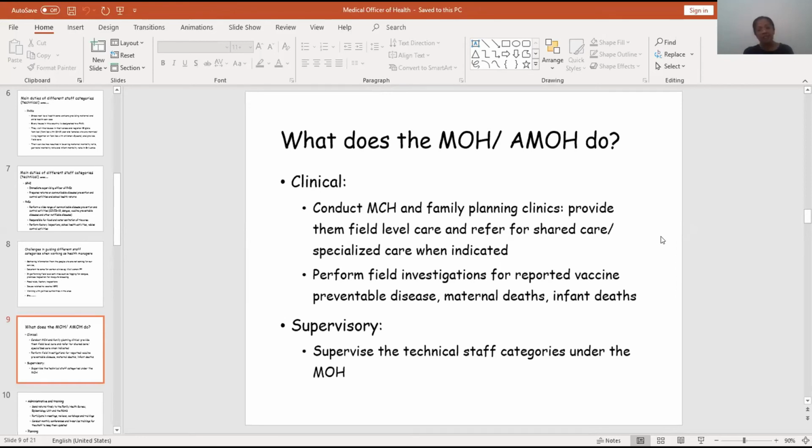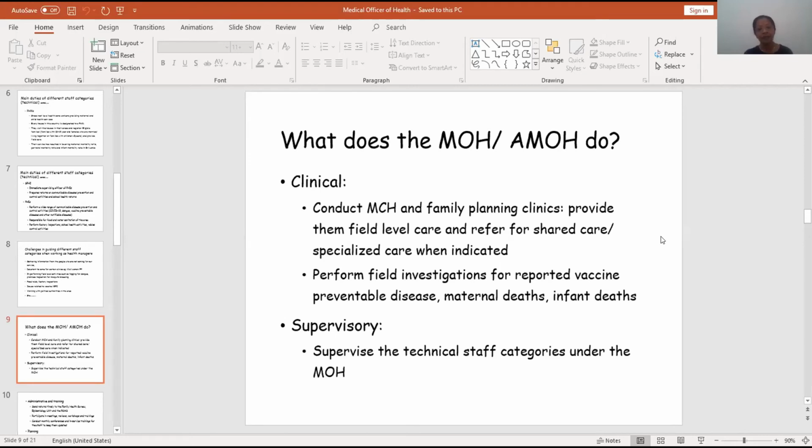Then the supervisions. Usually we are doing technical supervisions, but as a medical officer of health, we can do administrative supervision as well. The central dispensaries are under us, and dental clinics, community dental clinics. So just visit central dispensaries and discuss the problems with the MOIC.